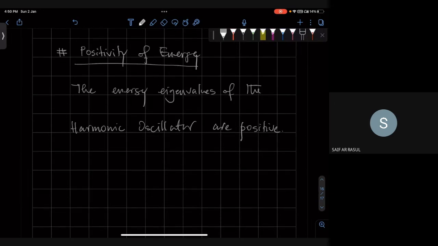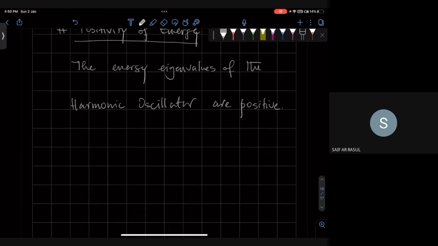So how do we do that? Let's just revert back to the original variables for a minute. H is p squared over 2m plus half k x squared.